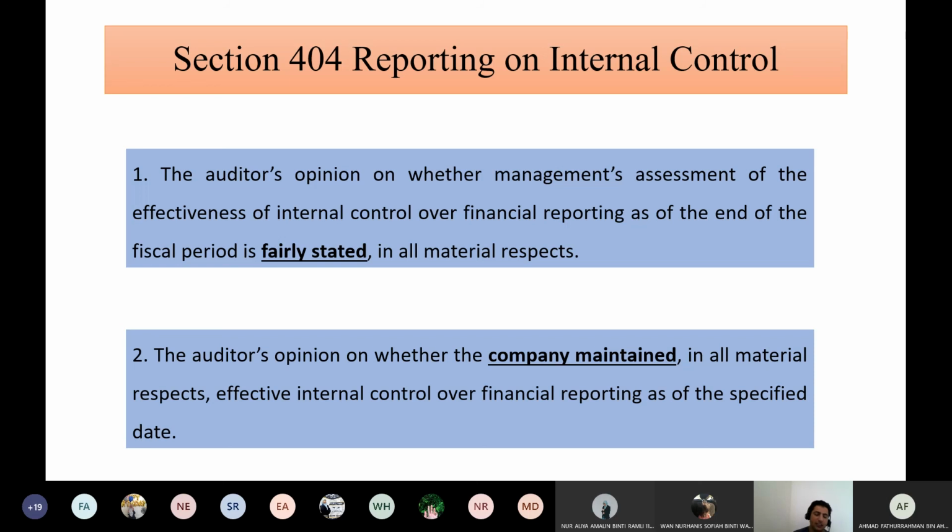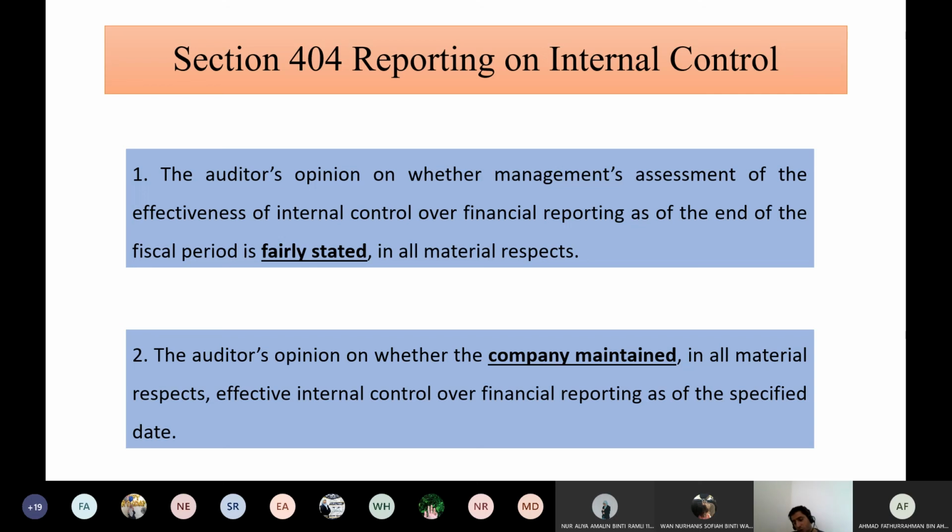So what does it mean? It means that the auditor, especially since this one is related to public companies, should assess the disclosure of the management assessment in the financial statement about internal control effectiveness.